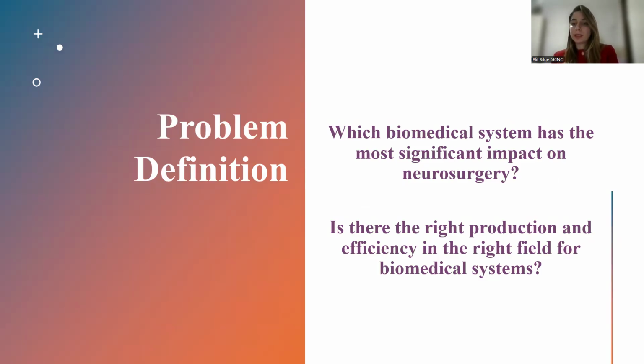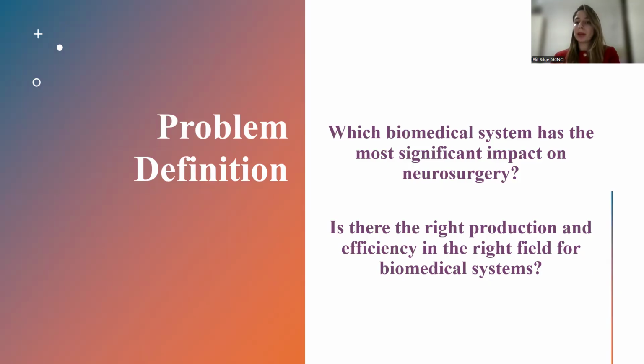The importance of biomedical engineering in neurosurgery is well known, but it is unclear which biomedical system has the most significant impact on neurosurgery. As a result, inefficient healthcare systems are created due to the inability to apply the right strategy for the neurosurgery department in any hospital.